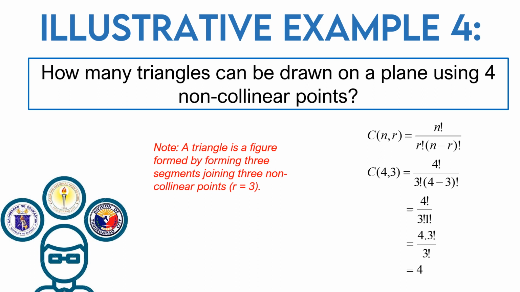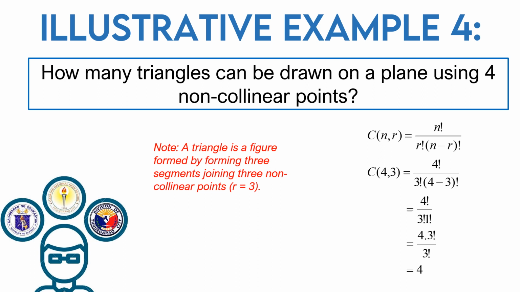So using the formula, combination of n objects taken r at a time, we have combination of 4 points taken 3 at a time. That gives us 4 factorial all over 3 factorial times 4 minus 3 factorial, which simplifies to 4 factorial over 3 factorial times 1 factorial.